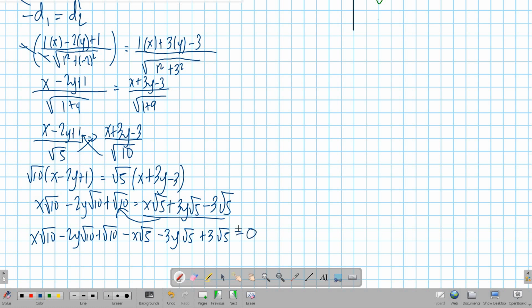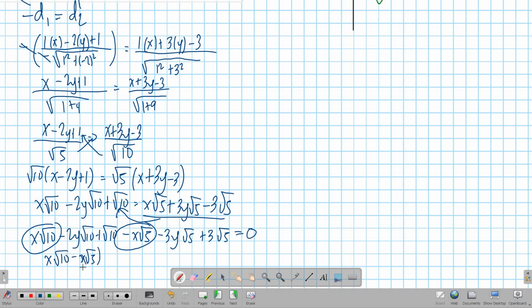Ayan. So, combining like terms, ito at ito like terms. I'm going to have x multiplied to, since it's coefficient, unahin ko muna ang square root of 10 minus square root of 5. Let's just show the long process para hindi nakakalito. This becomes x square root of 10 minus x square root of 5.